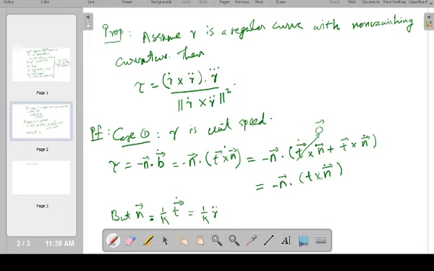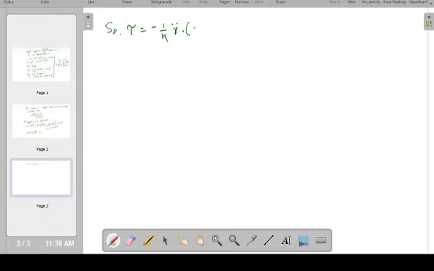So T is gamma dot. T is a gamma dot cross product with N dot. What is N dot? D by ds of 1 by kappa gamma double dot.